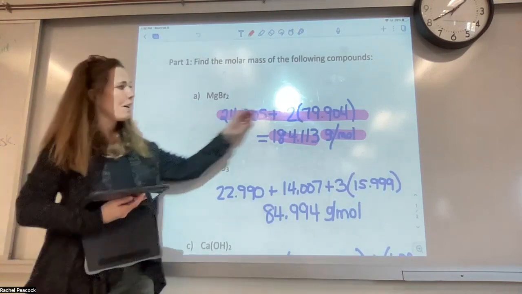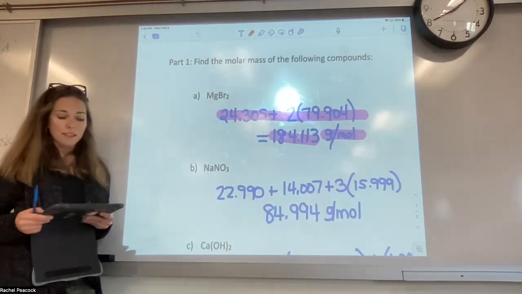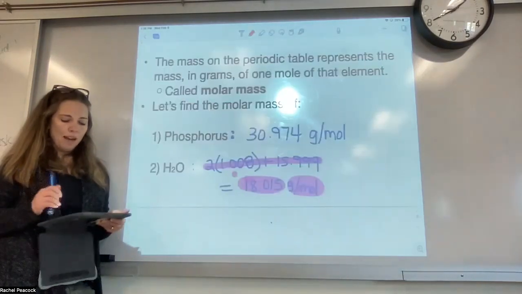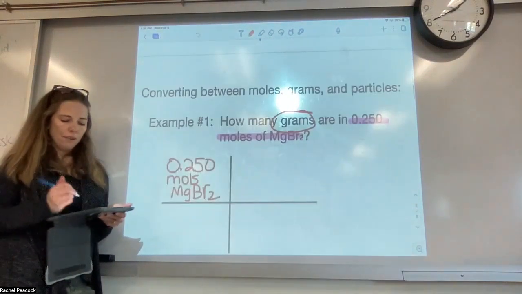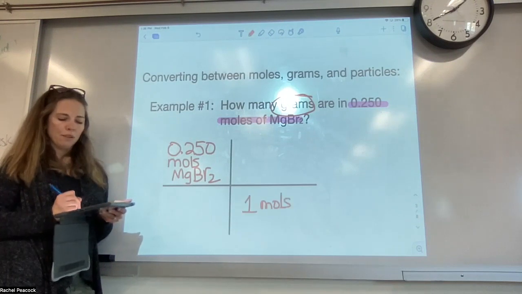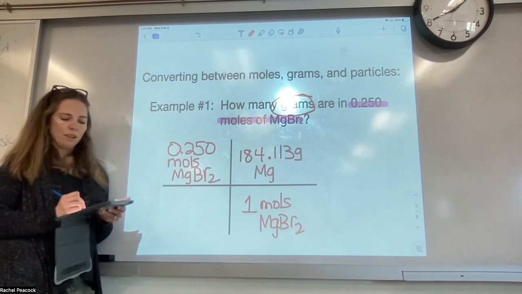And this is how you found the molar mass of MgBr2. Okay, you added up the masses from the periodic table. So if you go back to your notes, you already know that for every 1 mole of MgBr2, it weighs, I think it was 184.113 grams of MgBr2.